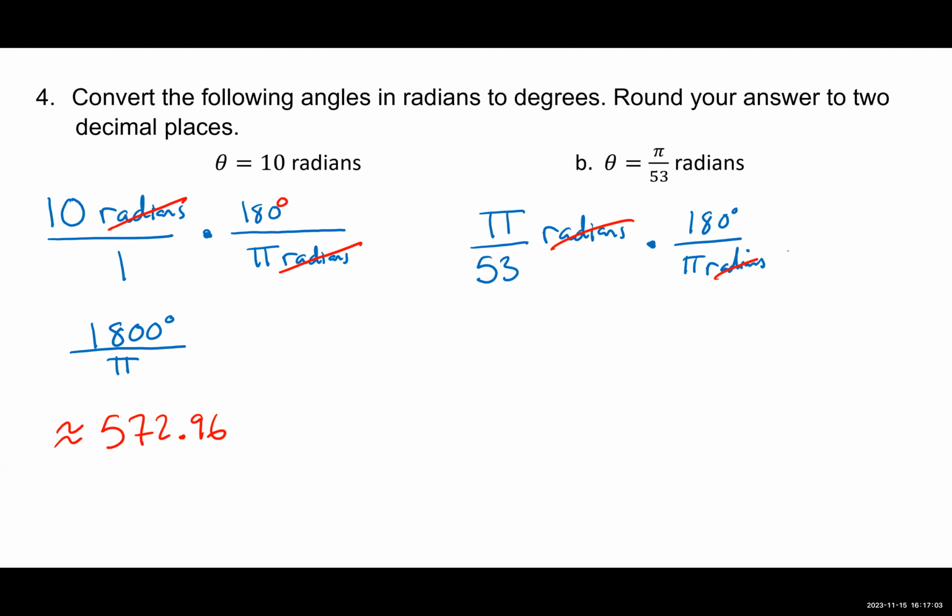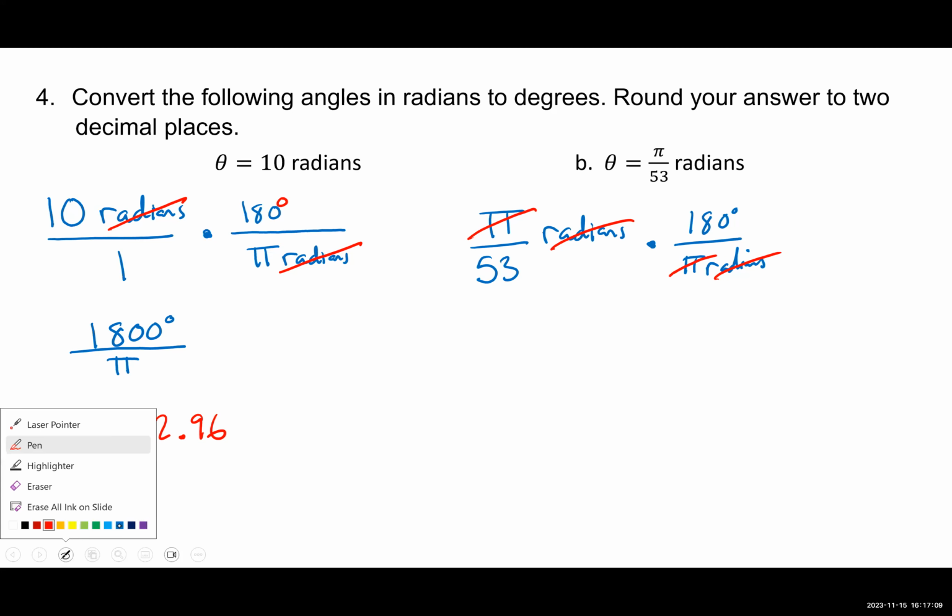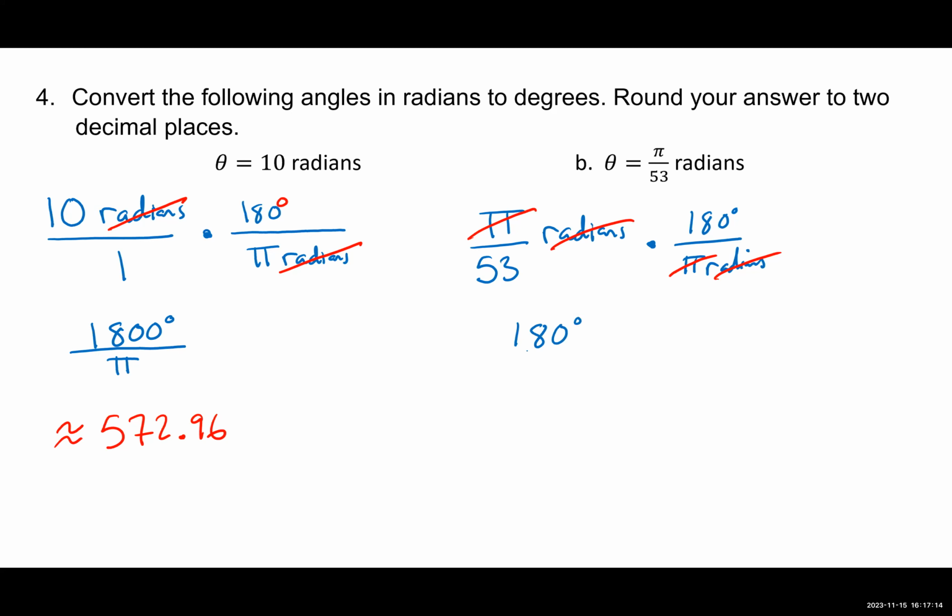Radians cancels radians, pi cancels pi, and we're left with 180 degrees over 53.